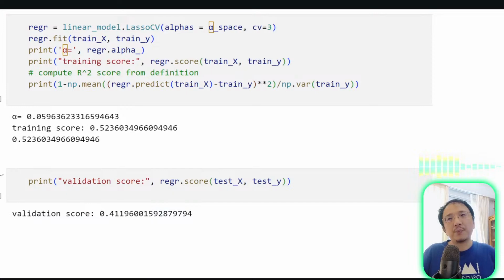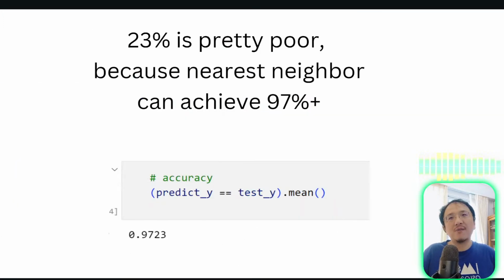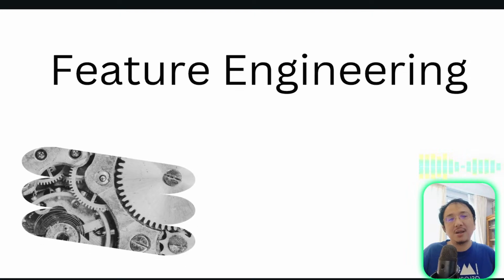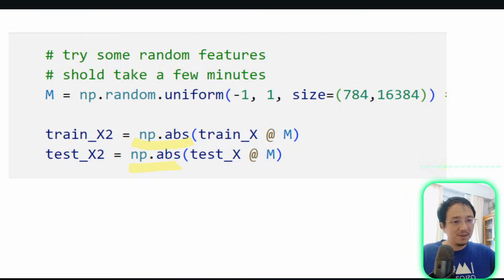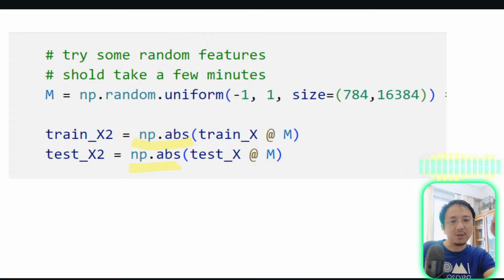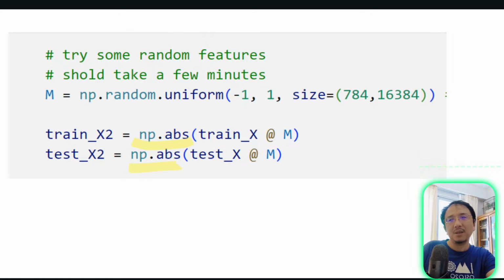So that's what we are going to do. And in fact, we are going to use a very simple and easy feature engineering way to do that. We are going to use random features. Sometimes when we say feature engineering, we are choosing some handcrafted features. For example, if we are doing digit recognition, we probably take the curvature of each point, or the gradients, or different directions of gradients.